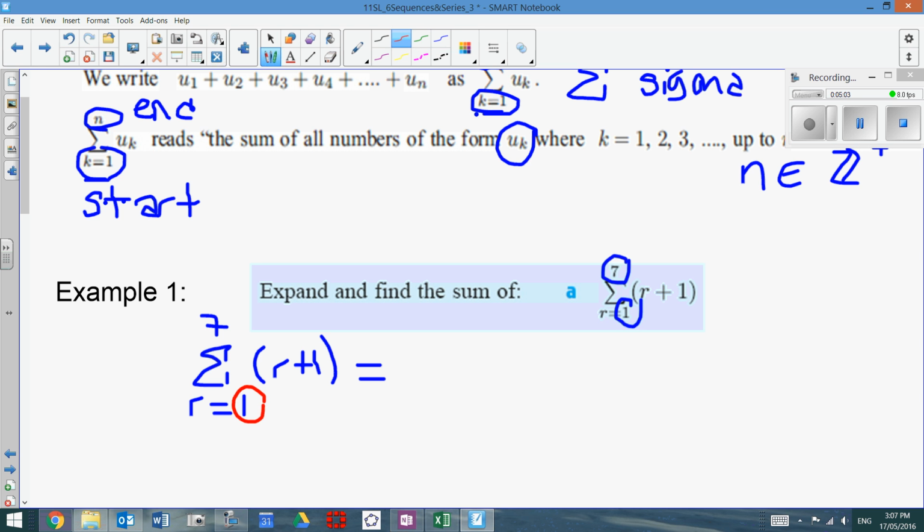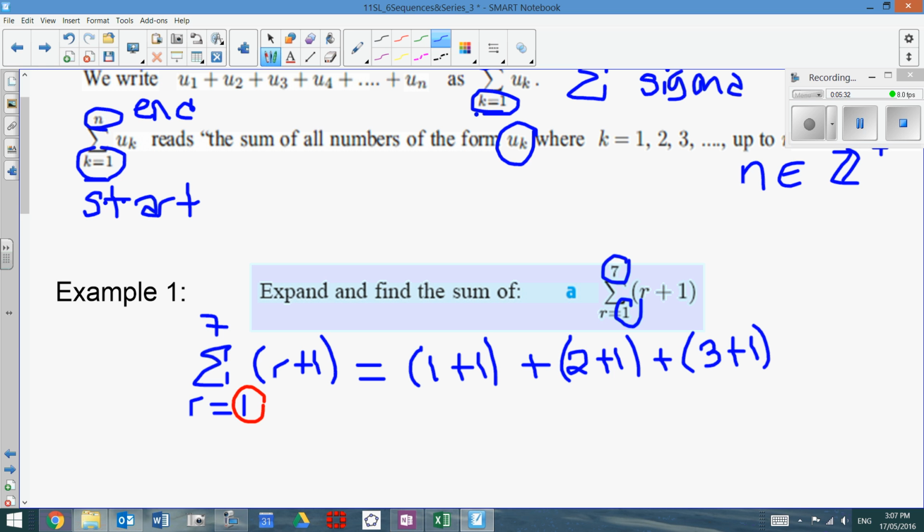So I substitute in 1 plus 1 as the value of my first substitution. And I'm going to add that to the next value of my sequence, so we'll make a series. So 1 plus 1 is the first term, and then I go to my next value, 2 plus 1. So 2 replaces r, and then 3 replaces r, and then 4 replaces r.